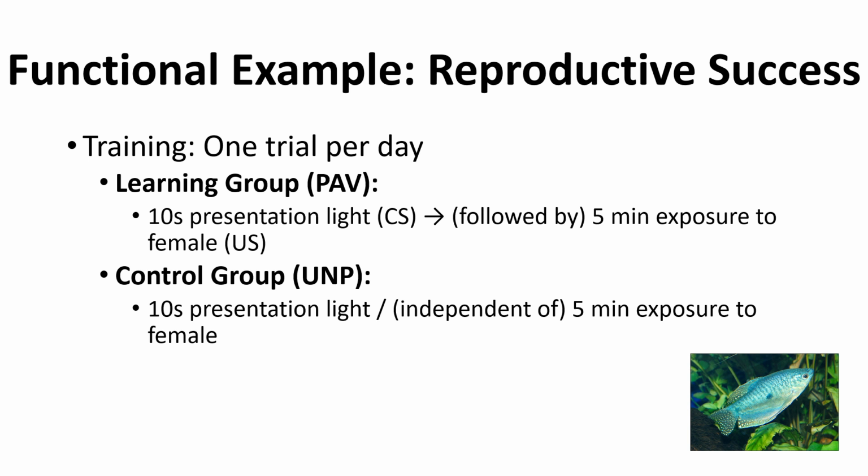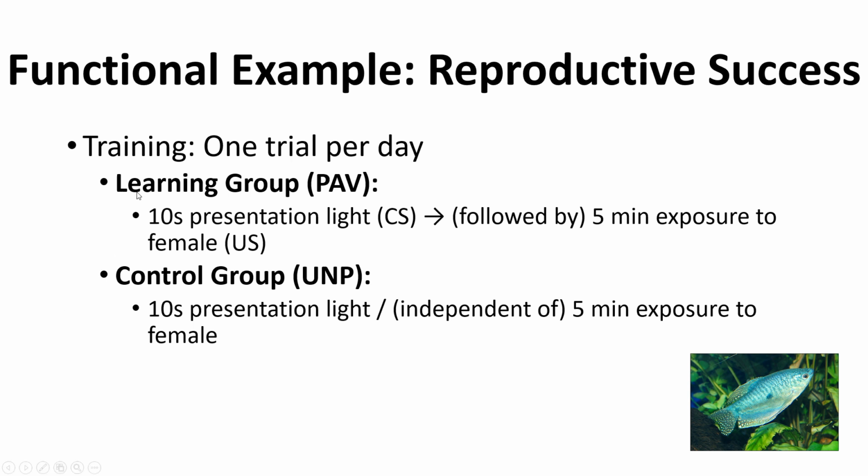So as with most of our classical conditioning experiments, everything starts with training. And so this training happened with one trial per day, where we have two separate groups. We have a learning group, and so this PAV just means that there's Pavlovian conditioning in this learning group, and then we have a control group where this is unpaired control. That's the UNP.